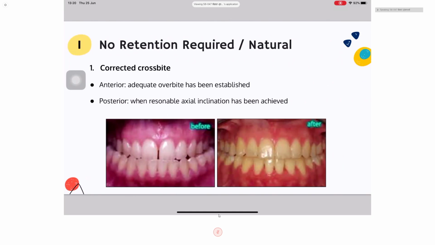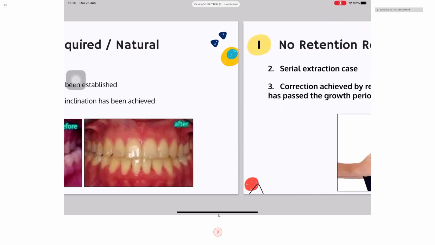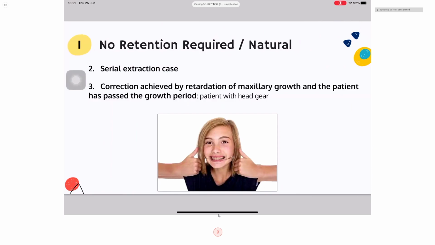1. Correction of cases with both anterior and posterior crossbite, because after treatment the teeth will be locked with the other arch. 2. The serious extraction case, because the treatment is done while the patient is growing. The teeth are moving neutral. 3.